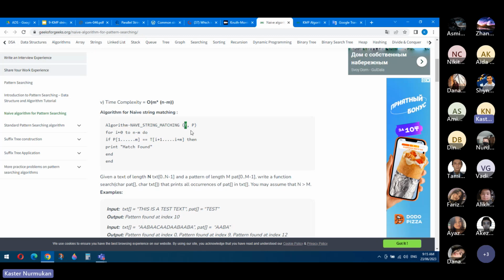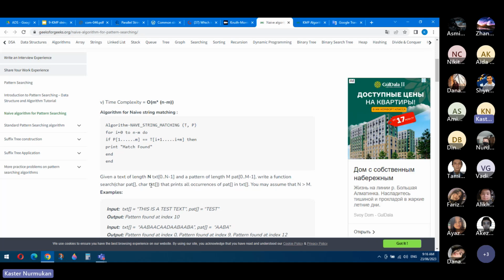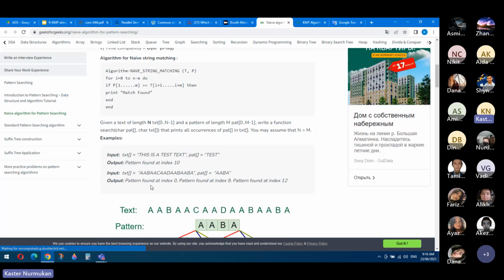T is the text, P is the pattern, which is the target, and the text is the whole thing, from start to end. If there is a match, then it's found. Otherwise, you keep comparing, each time starting from 0 and repeating again. So that's the brute force. For example, let's say this is the text and the pattern is a test. This is a test text.